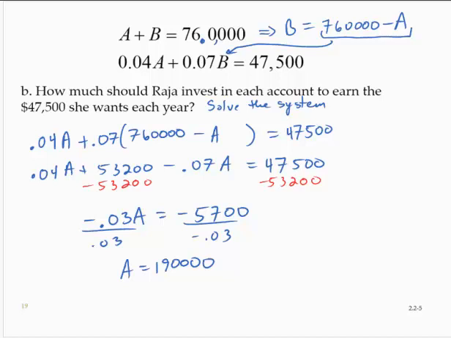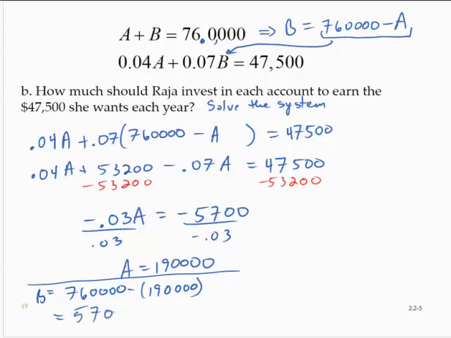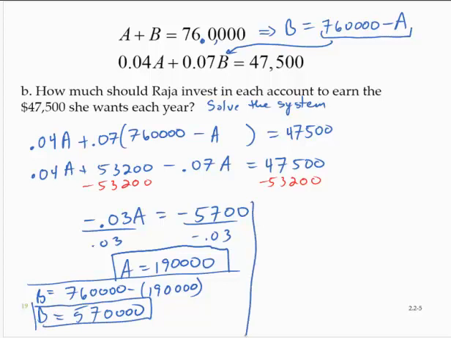So A is 190,000, and then B would be 760,000 minus 190,000, which is 570,000. So A is 190,000, B is 570,000.